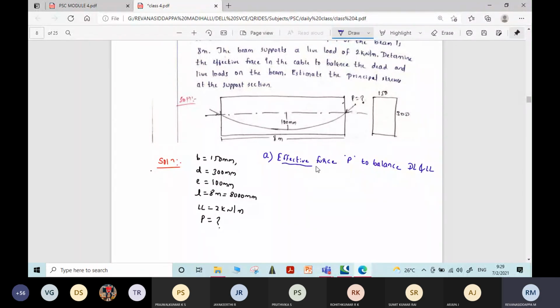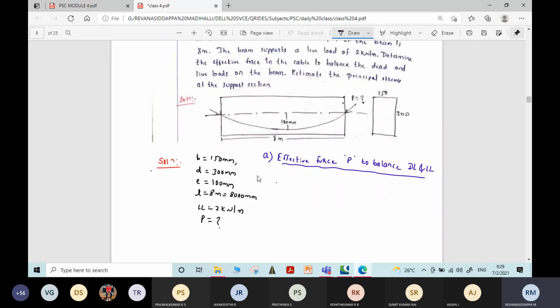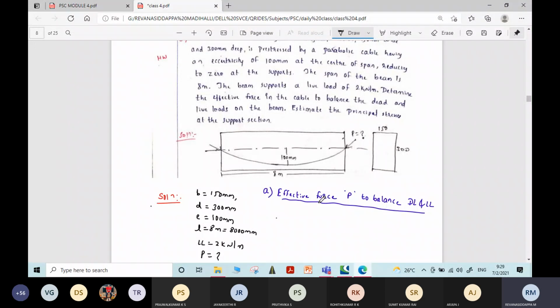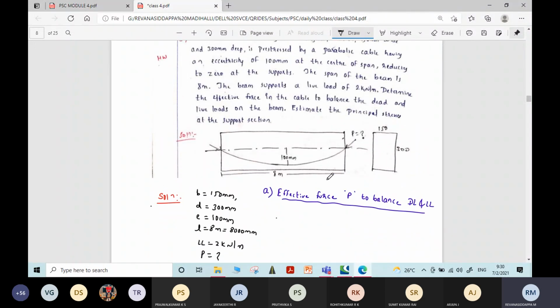Now, to find the effective force to balance the dead load and live load, first you find the dead load. What is the dead load amount? Live load is given in the problem itself.